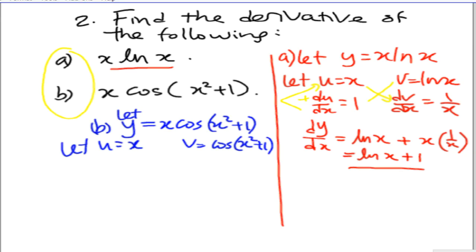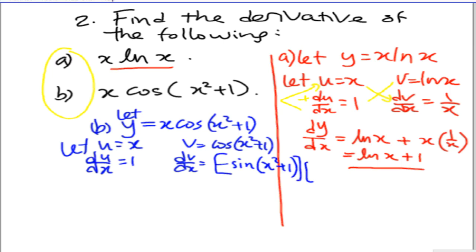Now let u equal x and v be cosine of x squared plus 1. The du dx in this particular case is just 1. Now for dv dx, I need to use the chain rule. So cosine will become negative sine of x squared plus 1, multiplied by the derivative of the thing inside the bracket, that is 2x plus 0.